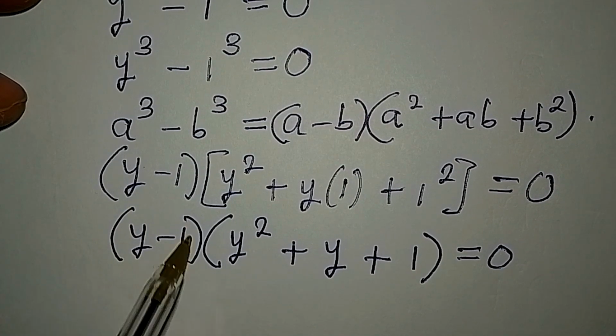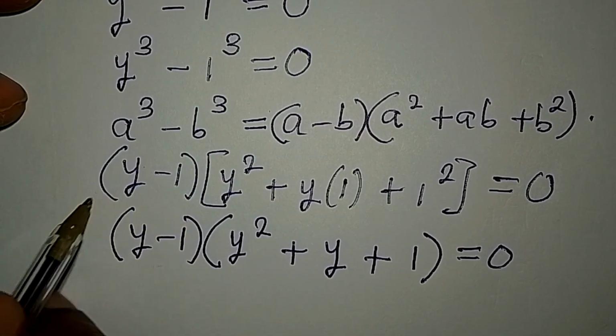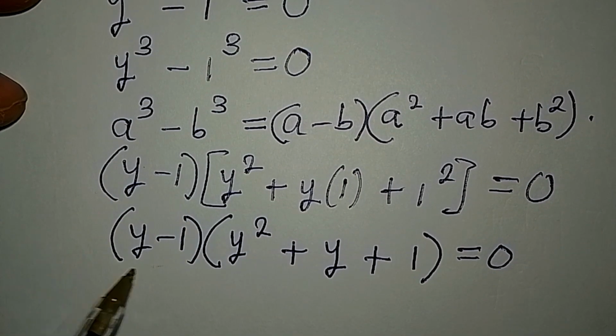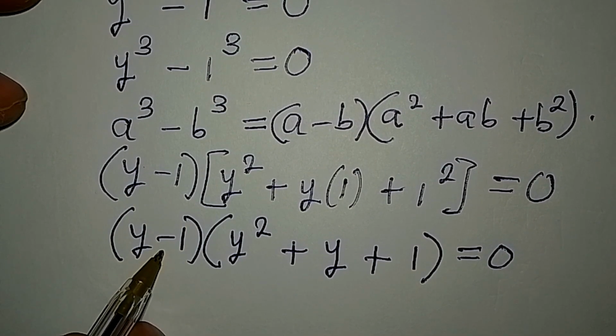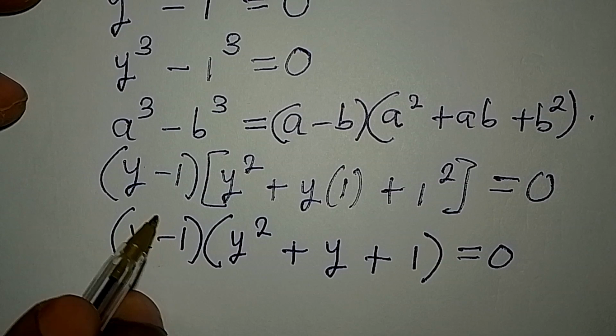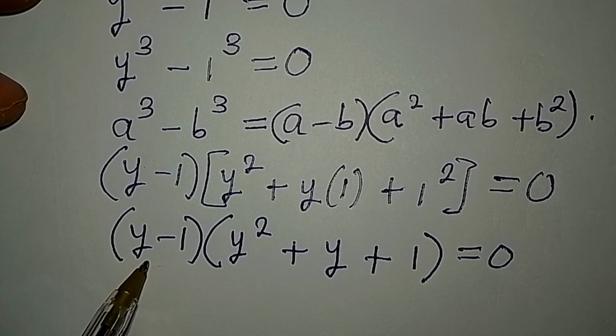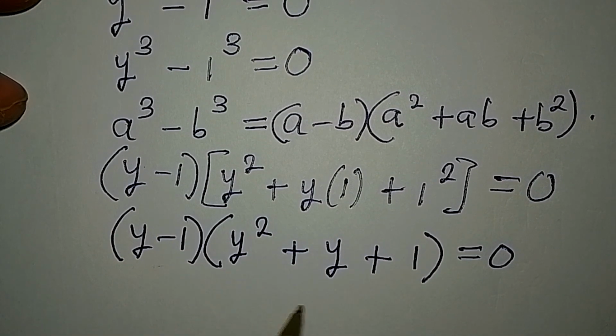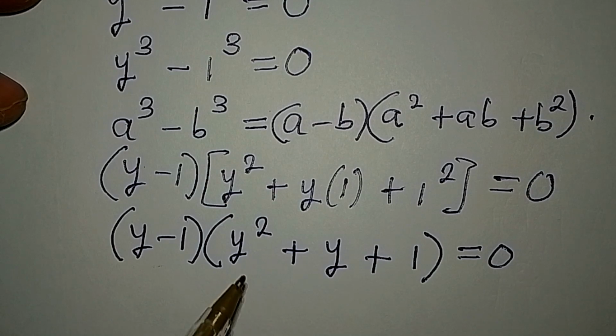We are going to get one solution from here. As a matter of fact, this is going to give us a linear equation if we equate it to 0. So from this linear expression, we will be having one solution, and from this quadratic expression where we have y squared, we'll be having 2 solutions, right?